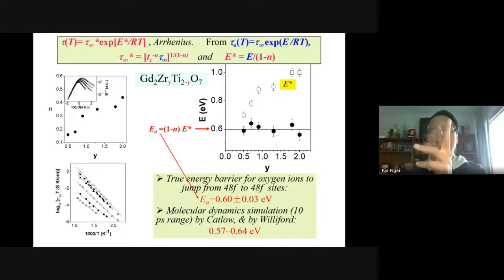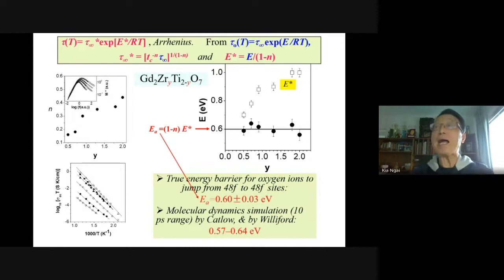You can change the zirconium and titanium concentration, and you see the activation energy changes. Okay, the E star, as seen, is the measure, but it's very different from what is at the bottom. See the bottom here, the true energy barrier is actually 0.6, from simulation by Catlow. 0.6.